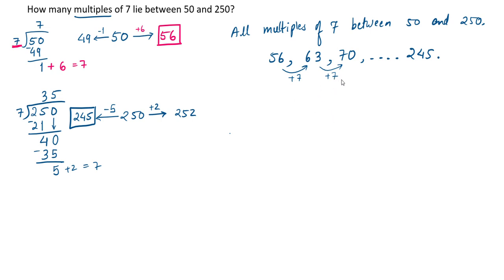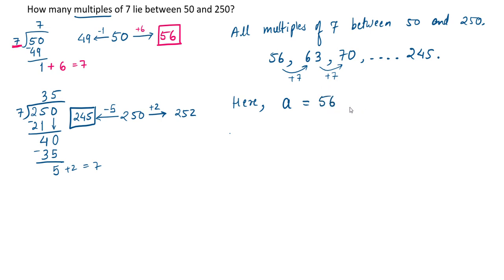If you write multiples in ascending or descending order without skipping any, you will get an arithmetic sequence. So here we have the first term, which is 56.